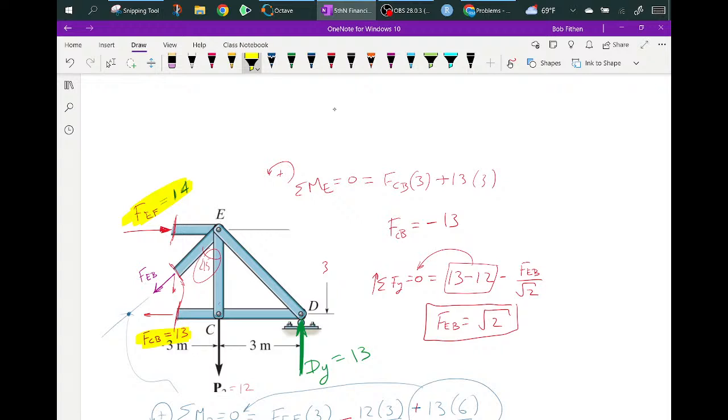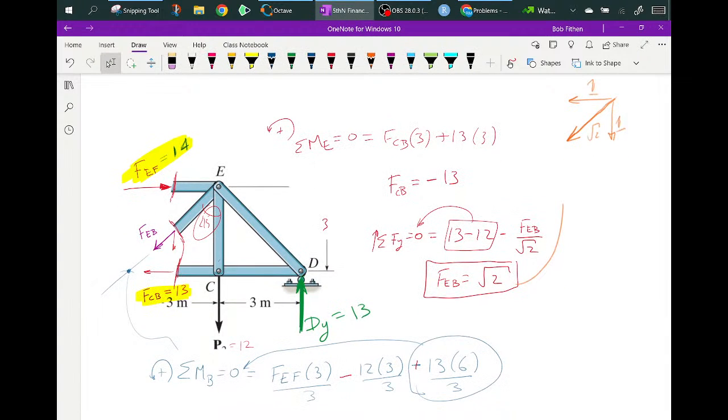Then you add this, which is, if this is FEB, square root of 2, then its value is 1 that way, its value is 1 that way. So in fact, if you add 13 and 1, you get 14, I think. So in fact, it checks out there as well.